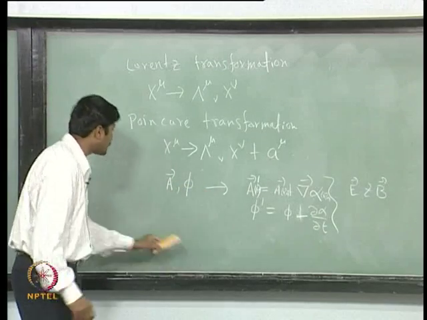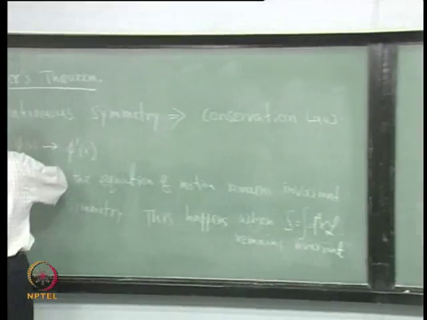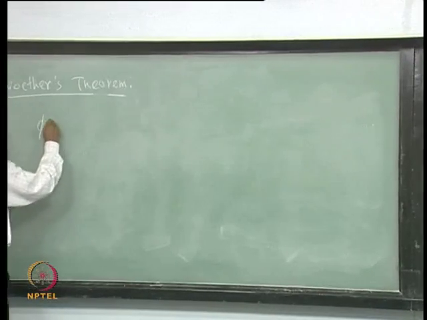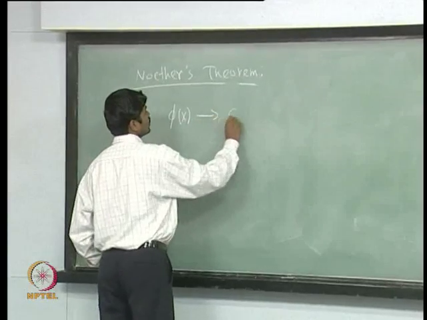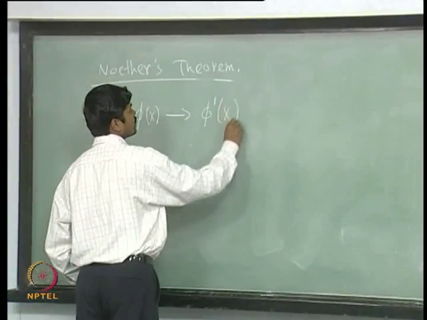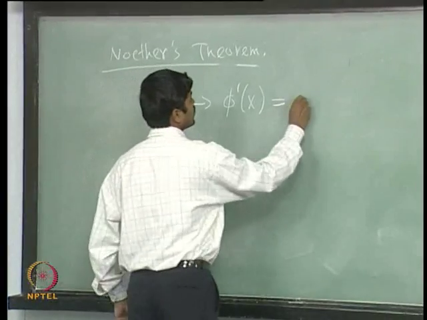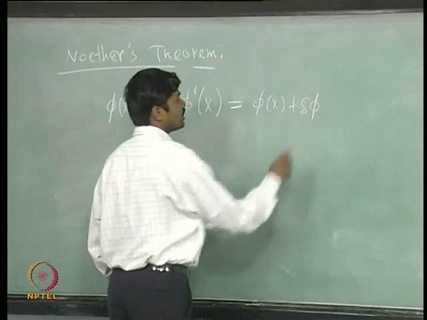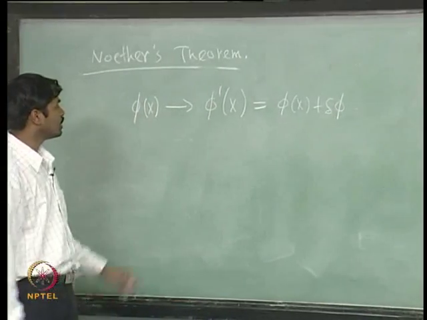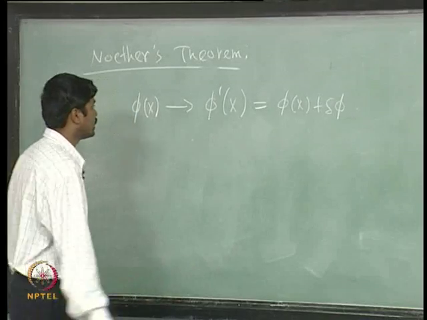Under internal symmetry transformation, the field phi of x goes to phi prime of x, which is equal to phi of x plus some delta phi. If I consider infinitesimal transformation, then this is what I get.